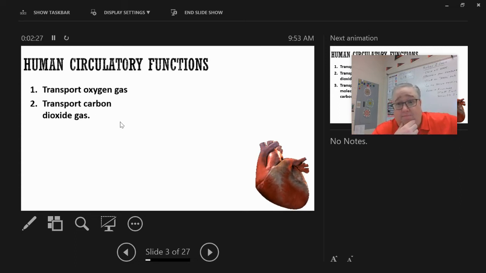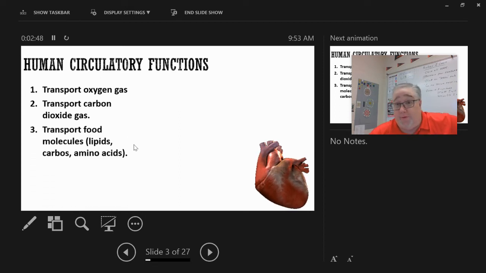Our cells are respirating, sorry. They undergo cellular respiration. So that means they require oxygen, and they produce CO2 gas, which again has to be given off and carried eventually out of our body. Transports food.